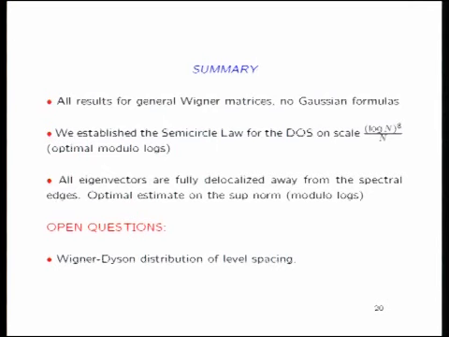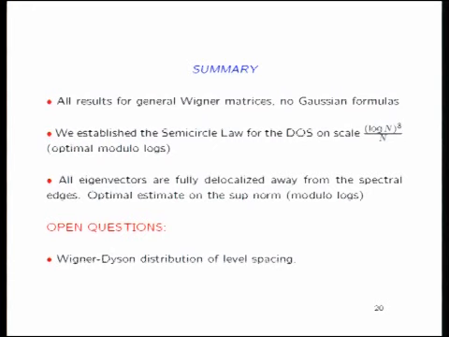So let me just say the summary. Roughly, we do two things. One is we find the eigenvalue distribution, which we can control up to 1 over n, and then we can also control the L infinity norm of the eigenvector up to 1 over square root of n.